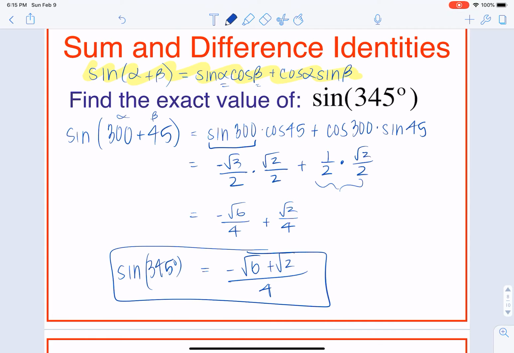And that will be my final answer. One of the trickier parts here sometimes is thinking about those values on our unit circle and thinking about how I can use addition or subtraction to come up with 345.